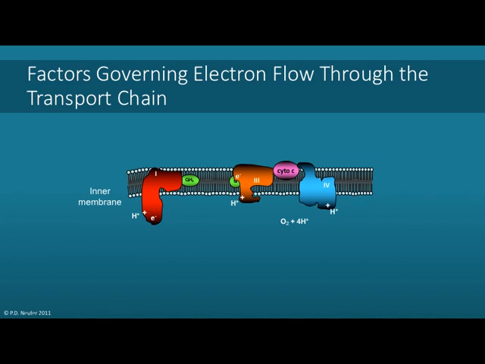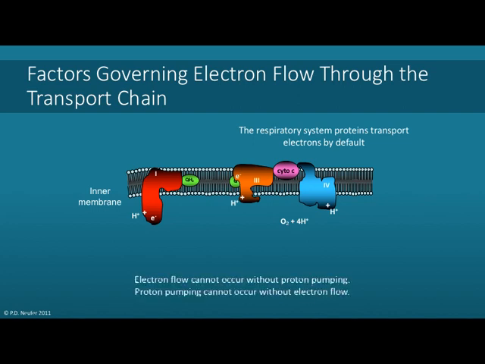And so this is the electron transport chain. You should know that the electron transport chain transports electrons by default as we input protons or energy into the system. And for electrons to flow, protons have to be pumped out.